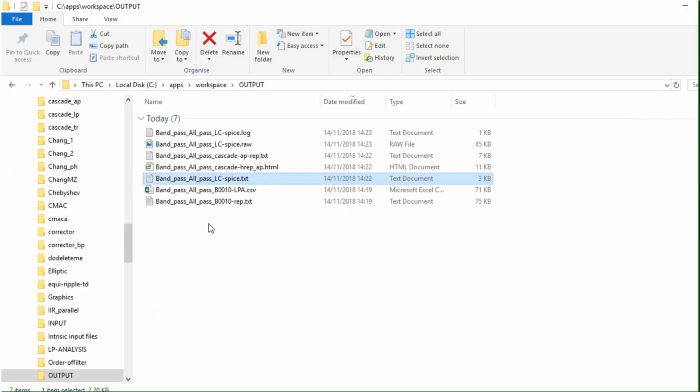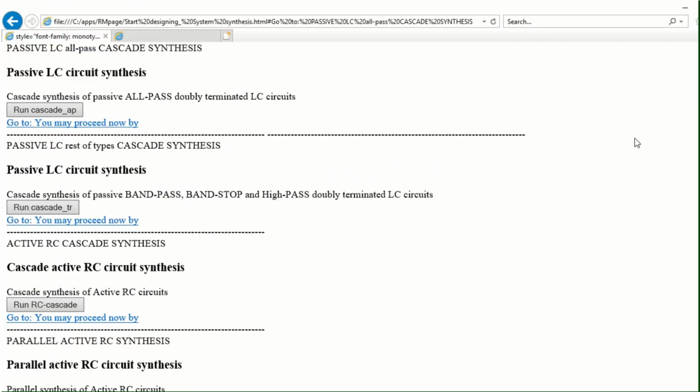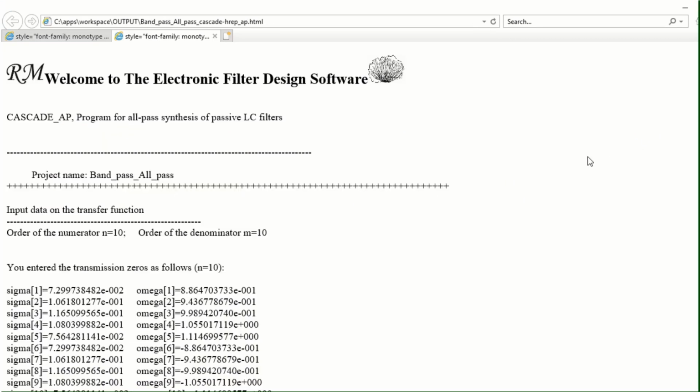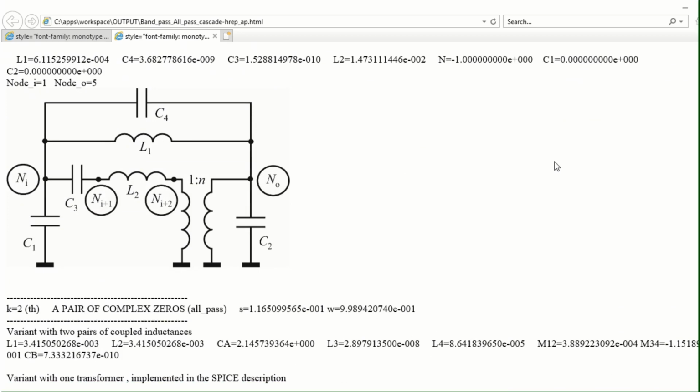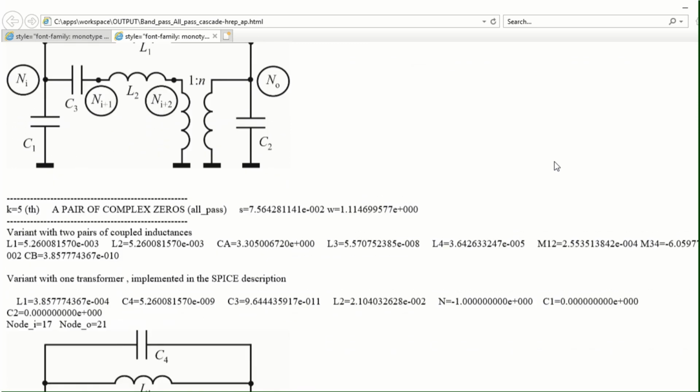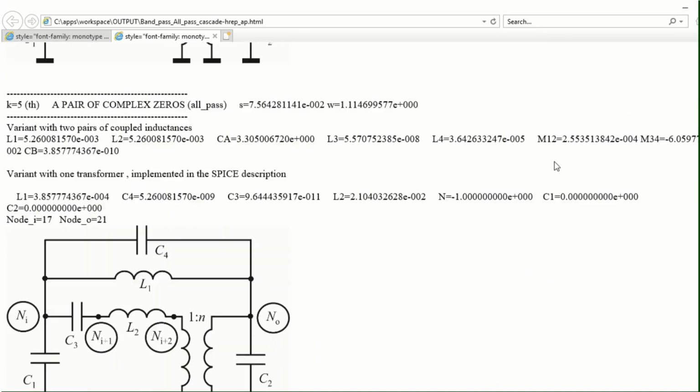Now we will go for the schematic. It is a 10th order filter, which means it needs 5 second order cells. 1, 2, 3, 4, 5 second order cells.